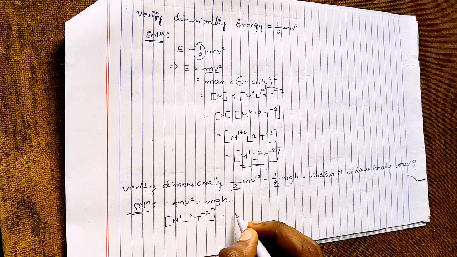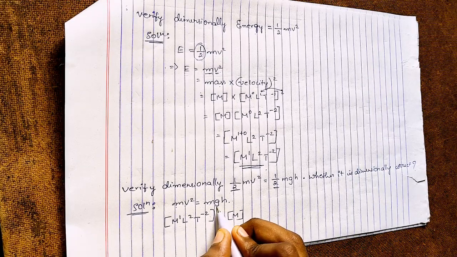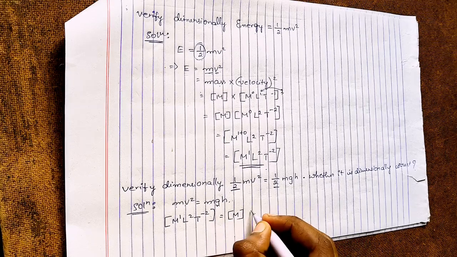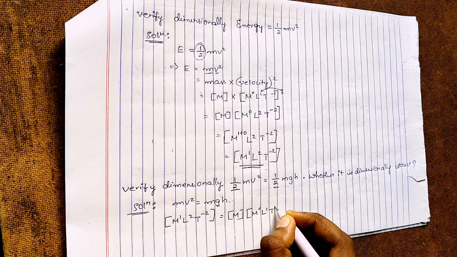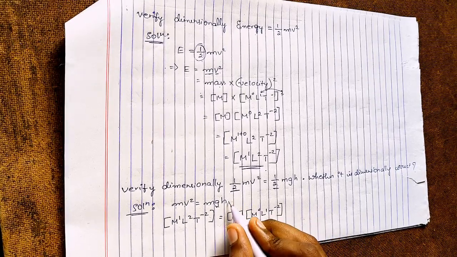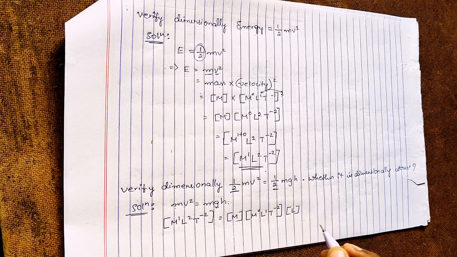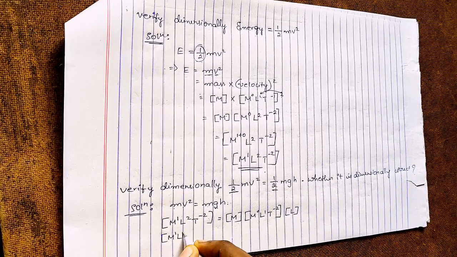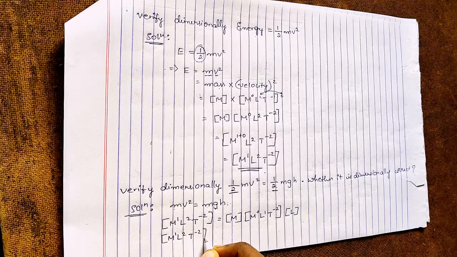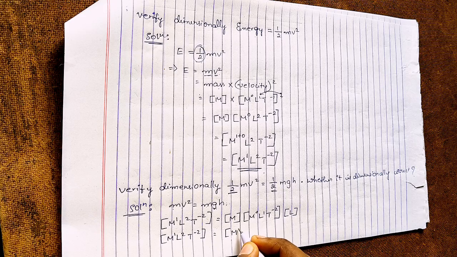Here we know that m is the mass, g is the acceleration, h is the height. So instead of mass I write M, and instead of acceleration g I will write the dimensional formula of acceleration as M^0 L^1 T^-2, and in place of height I will write L, because height is dimensionally denoted by L. Now I'll write the left hand side as it is, which is equal to, in the right hand side we have M to the power 1 as well as M to the power 0.